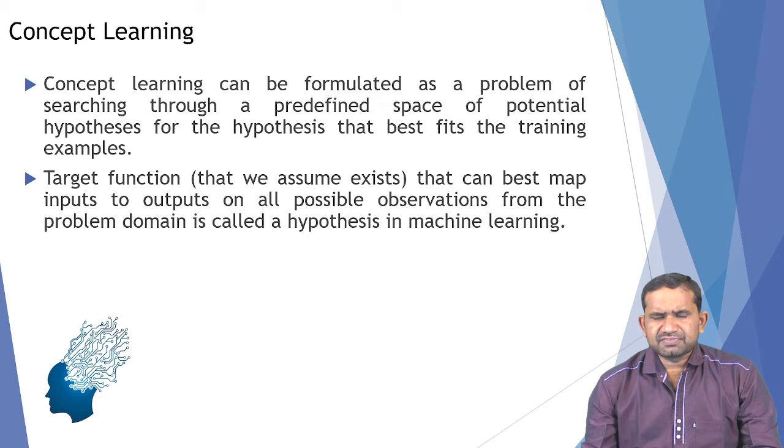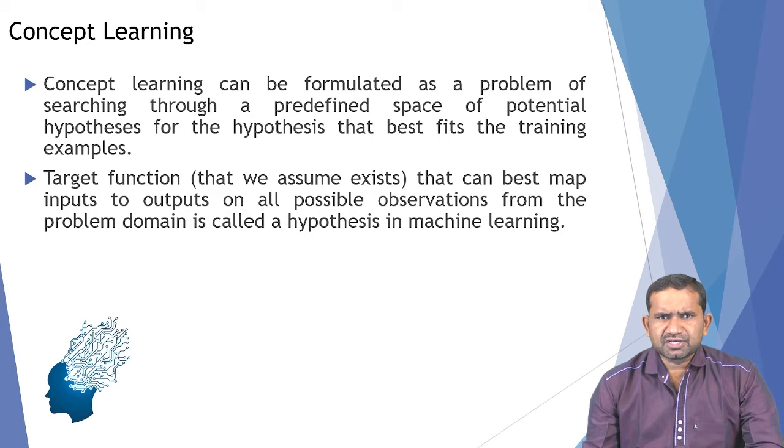But when it comes to the specific: bird is general, parrot is specific, and animal is general, elephant is specific. So in machine learning we go from the general concept to the specific concept.